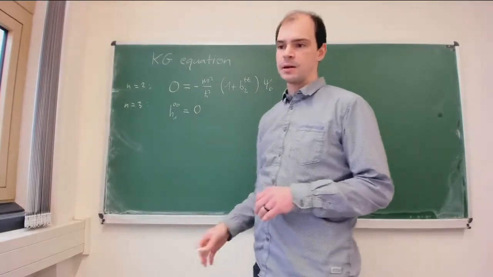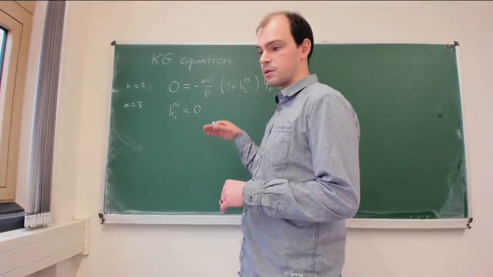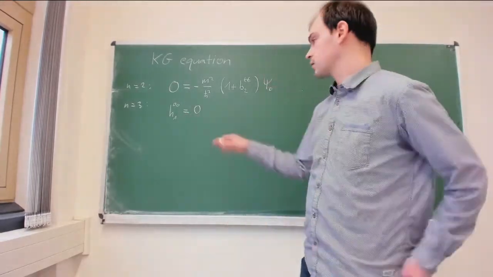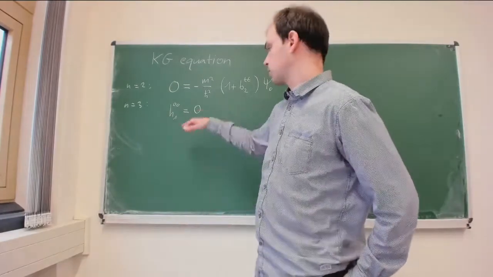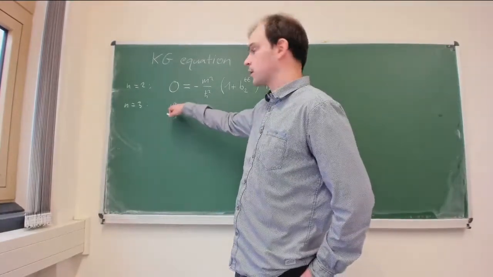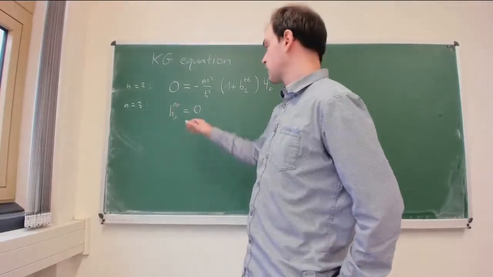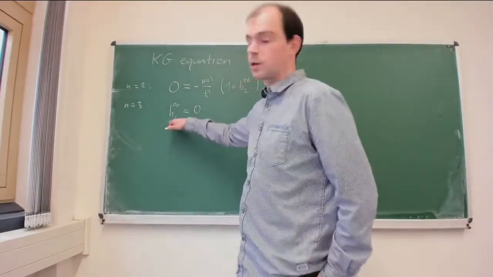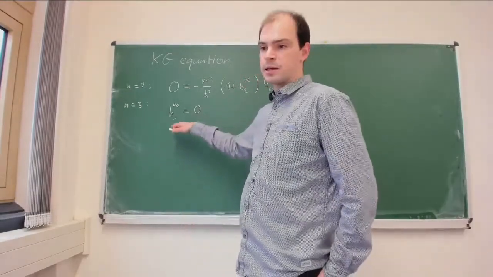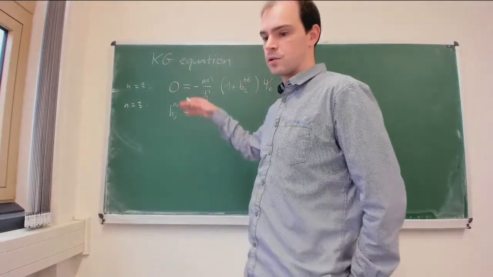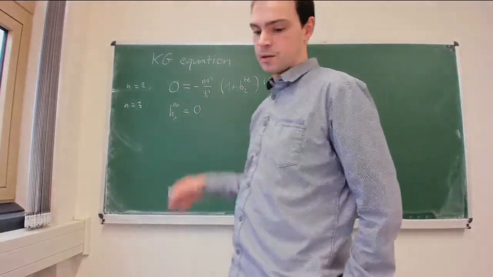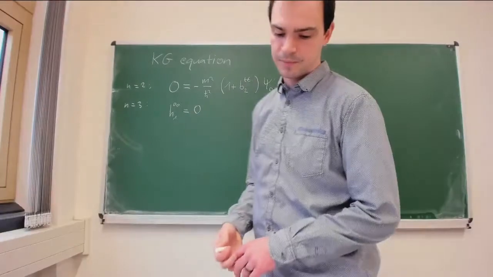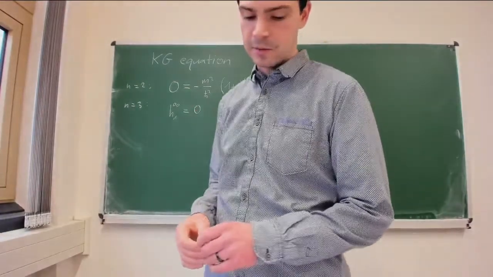For our ansatz to work, the metric we choose must be such that the time component of the metric does not receive any contributions of the order 1 over c. So our time component can have orders of c to the power 0 and can have powers c to the minus 2 or lower, but it cannot have a contribution at the order h100. So this is a constraint on the metric that we get.